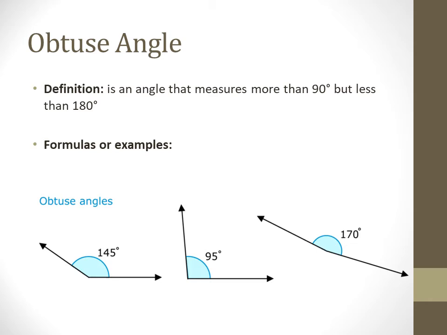It's got to be more than 90 degrees but less than 180 degrees, because we know that we have a right angle at 90 degrees, and we'll learn about another angle at 180. So a couple examples. Again, you don't have to write all of these down. Our obtuse angles include 145 degrees, 95 degrees, 170 degrees.